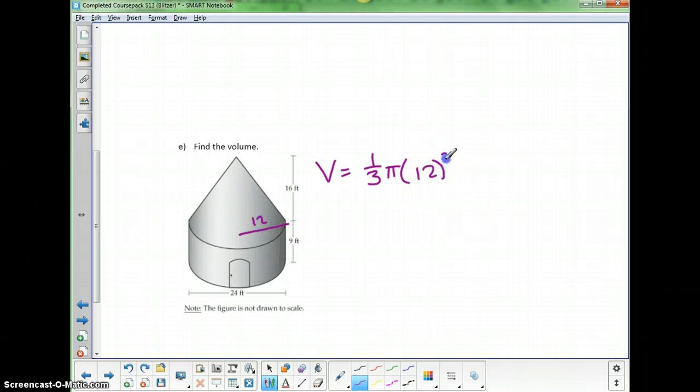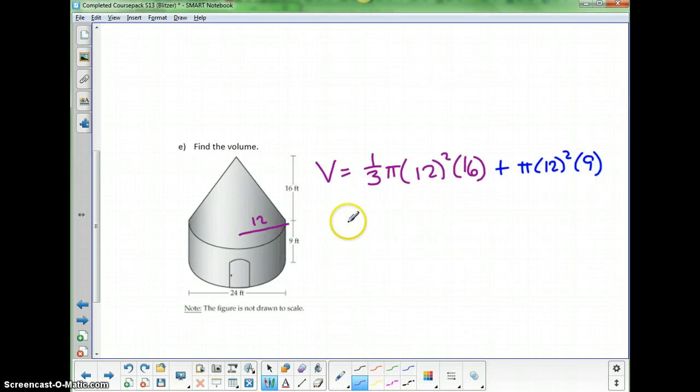So 1/3 times 12 squared times the height for the cone portion, which is 16, plus the cylinder. The cylinder and the cone have the same circular piece, so we'll see pi times 12 squared again. Pi r squared, pi times 12 squared. But the height is different. The height for the cylinder portion is 9.